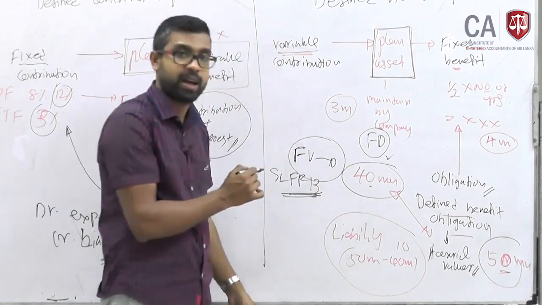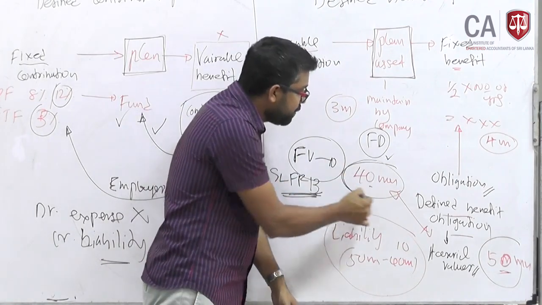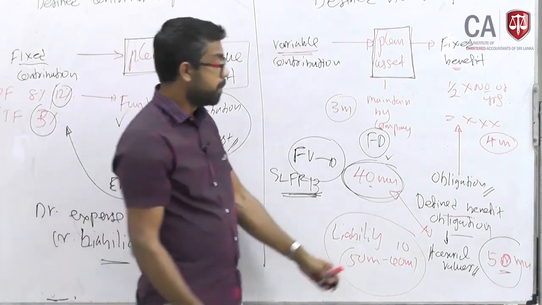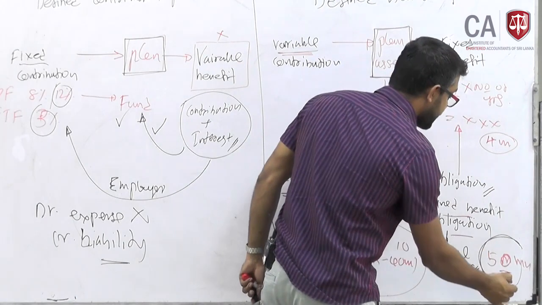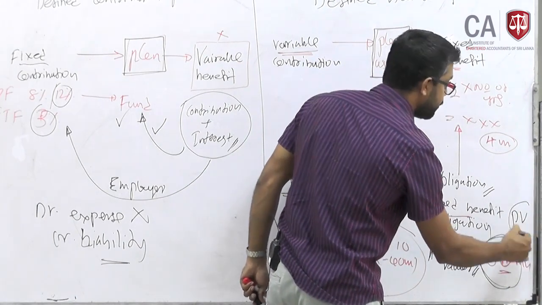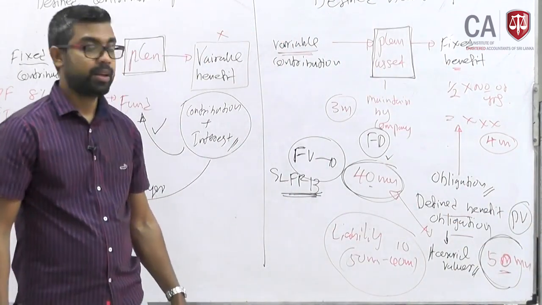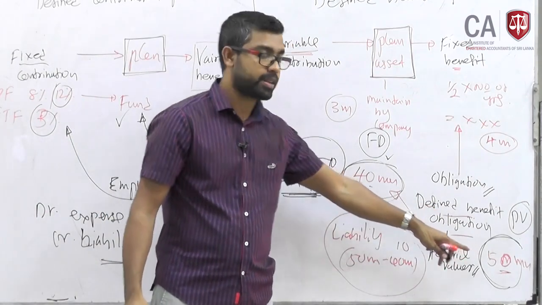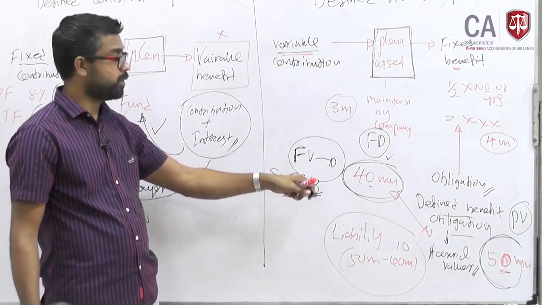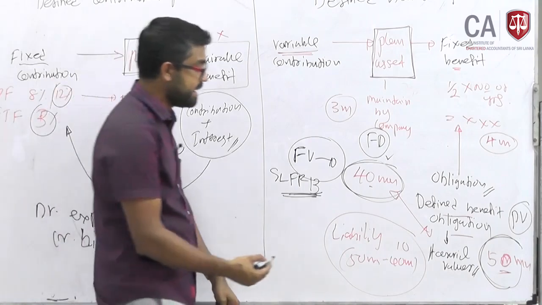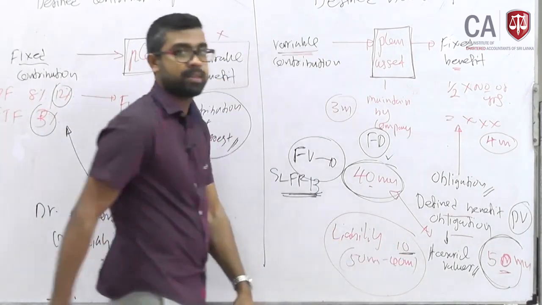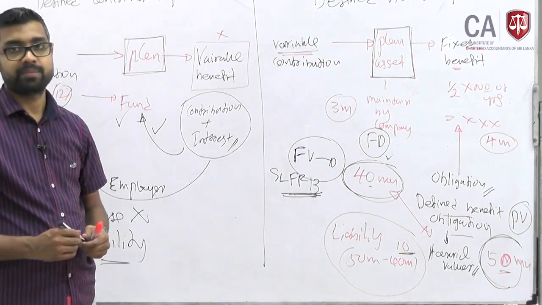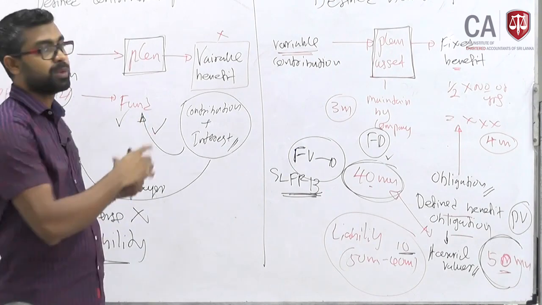According to that, we have to take this 40 million as fair value. Here 50 million means the present value of the obligation. The present value of the future obligation and the fair value of that asset you have to compare together, and the net will be recognized where? In the balance sheet. Understand? That's the difference between these two.